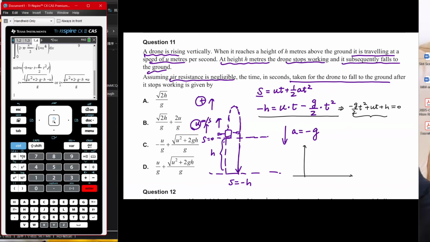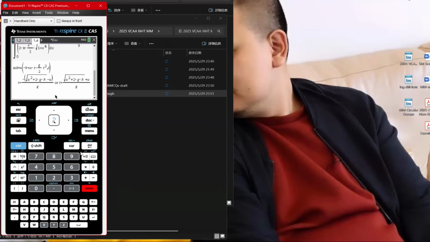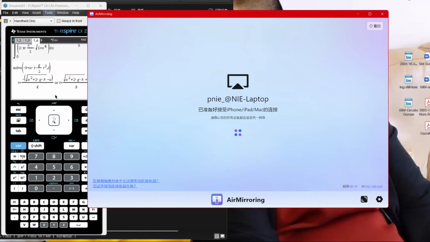So I'm looking at this equation. For example, if I plot it like that, I know it's starting from a height h, and it goes back to the ground, reaching 0. So I must take the positive t-value here, and I don't have any other values. That's pretty much what I'm thinking about.